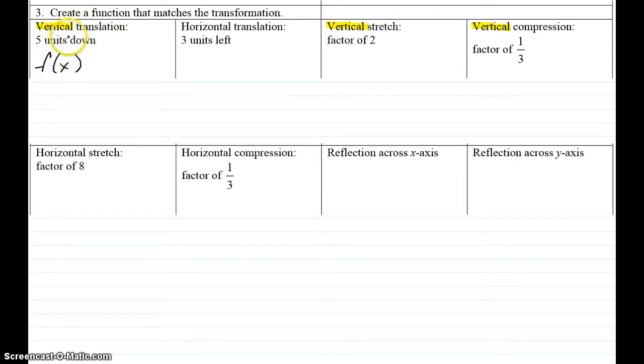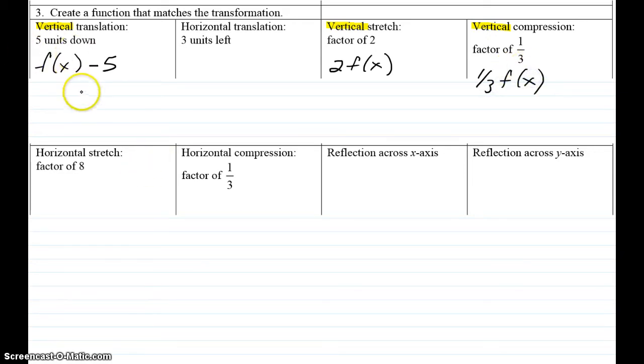If I do a translation down, well, down you think negative, so just take the function minus 5. When I stretch by a factor of 2, it's just my function times 2. And the same thing, vertical compression would just be a third of my function.